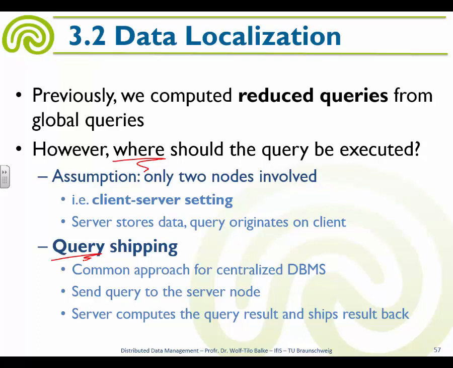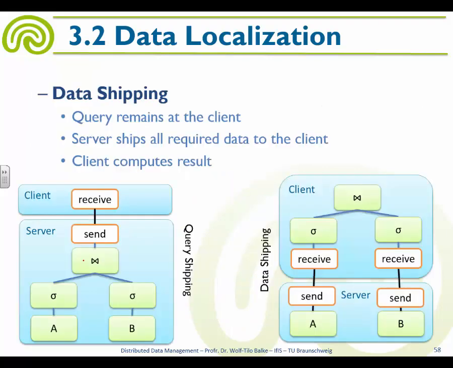Why does it do that? Because answers are usually much smaller than the original data. So shipping the original data for remote processing is more expensive than shipping only the answer set plus the query, so the sum of both is much less. The second thing is data shipping. The query remains at the client and the server ships all the required data to the client. Then the client puts together the result.